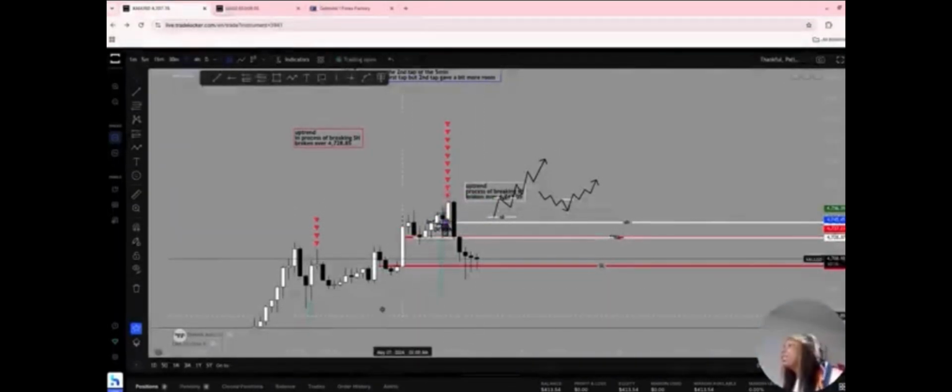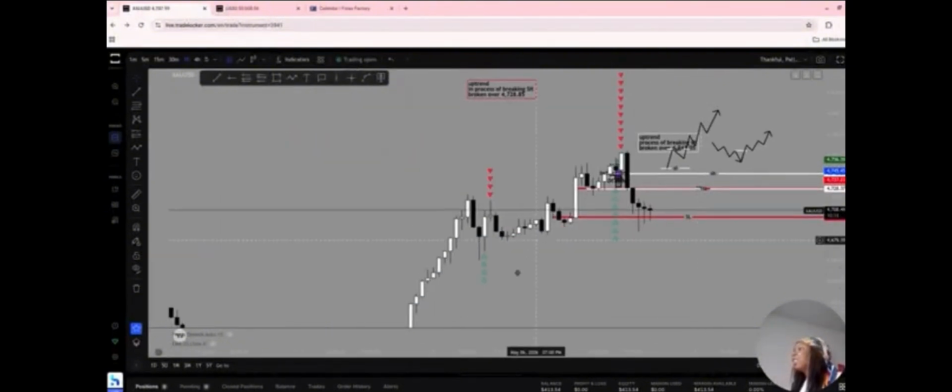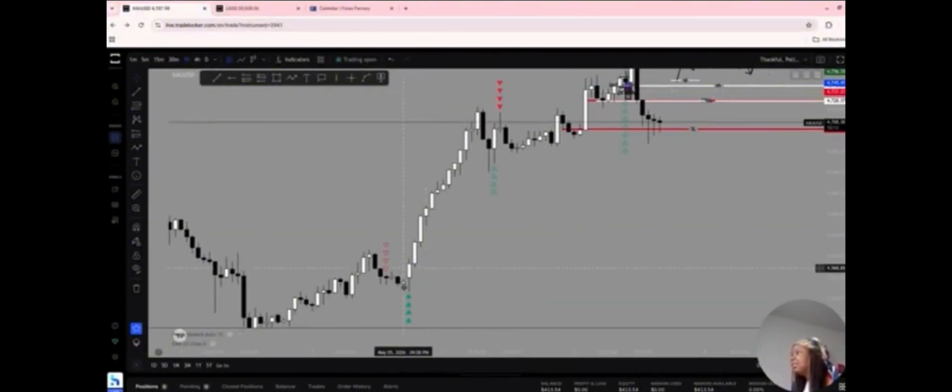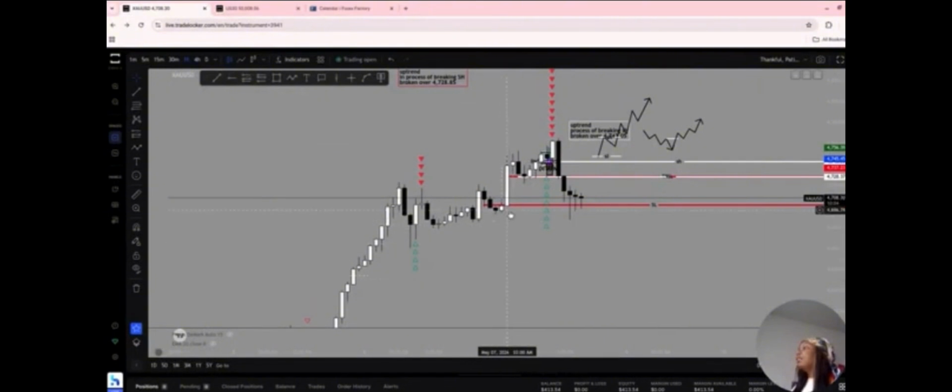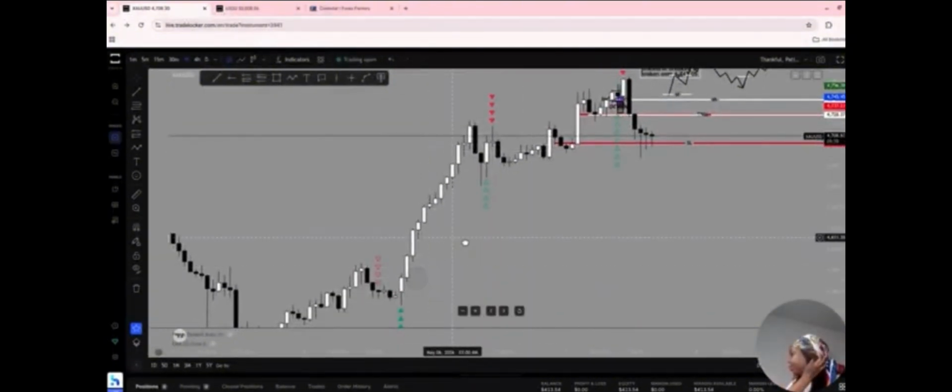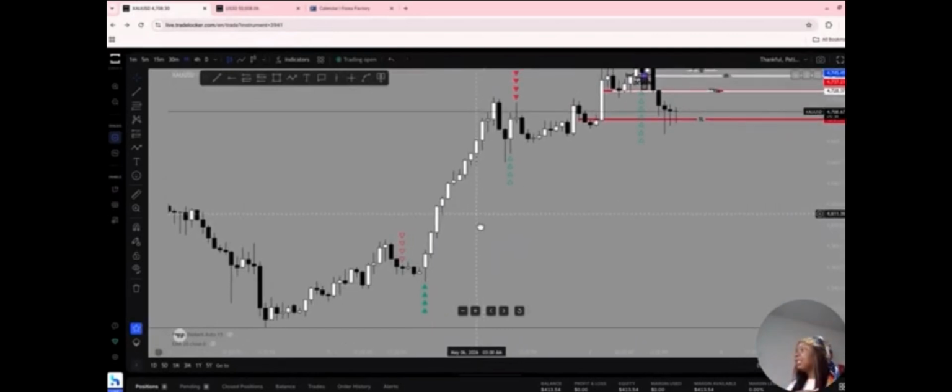But sometimes it does not always do that. Because look at this, it indicated and it kept on going. It corrected here, and then you probably could have caught all of this if you're more of a swing trader.